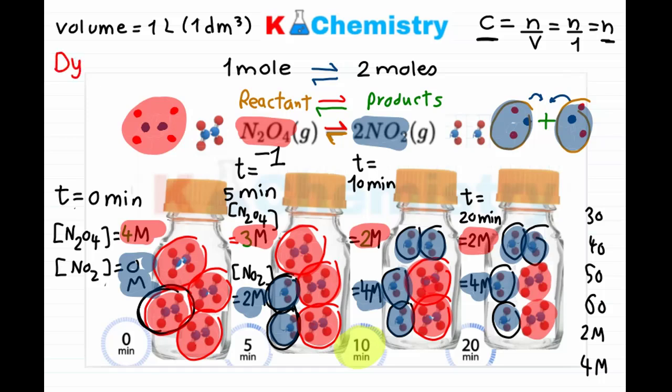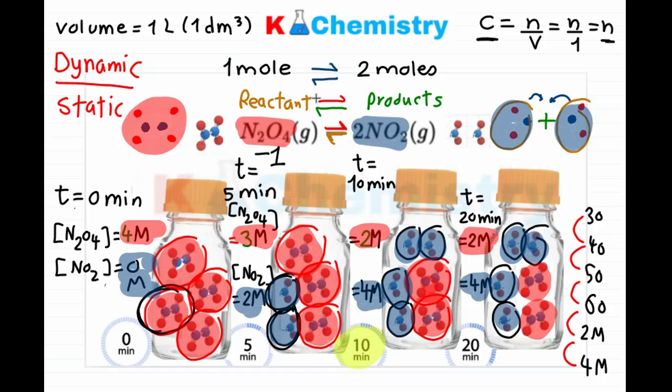So whenever you come after 30 minutes, 40 minutes, 50 minutes, 60 minutes, the reaction did not stop. It's not static. Static means that there is equilibrium, there is no change in concentrations, but nothing is happening. But in fact, here, as the time goes, this is known as dynamic equilibrium because N2O4 keeps breaking down into NO2, and NO2 keeps forming N2O4 all the time. That's why it's known as dynamic equilibrium.